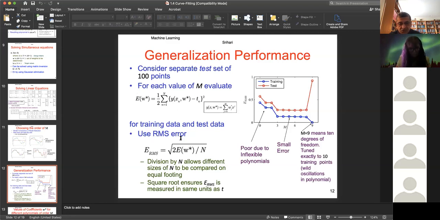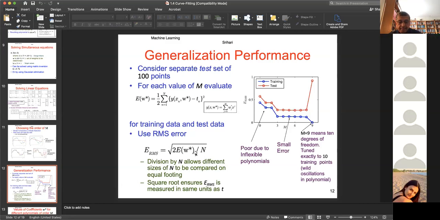We are using the so-called RMS error, which is the square root of 2E(w*) divided by n. What is this peculiar thing here? This is saying don't use the error as such, but divide it by n, multiply it by 2, and take the square root of that. Why are we doing that? Division by n allows different sizes of n to be compared on equal footing.